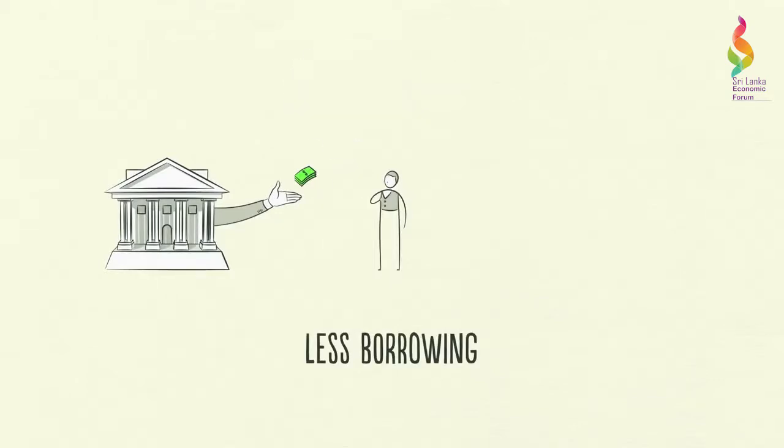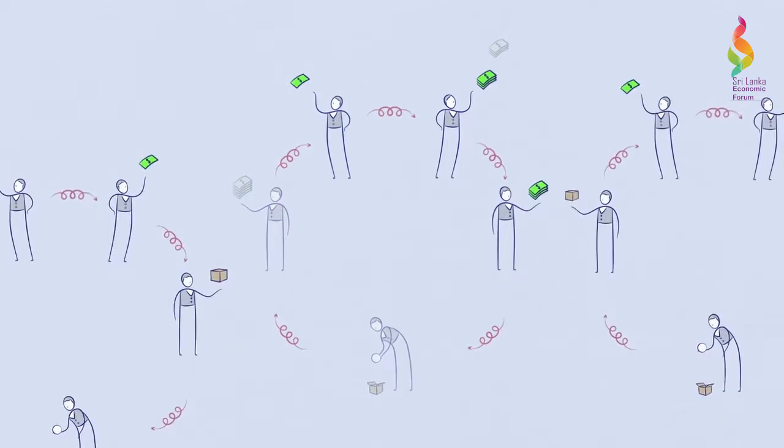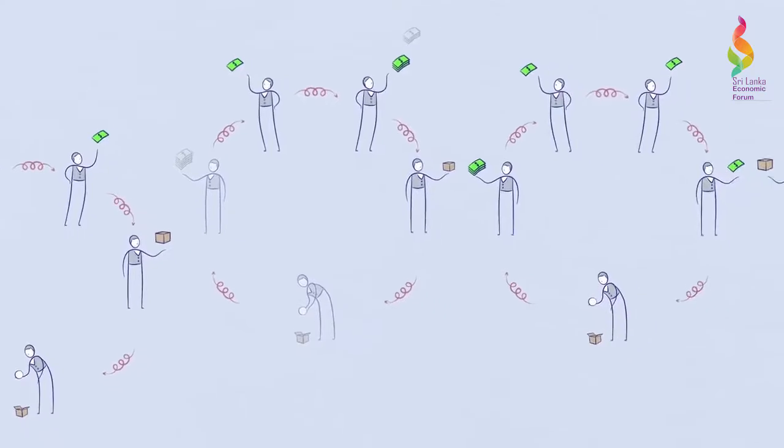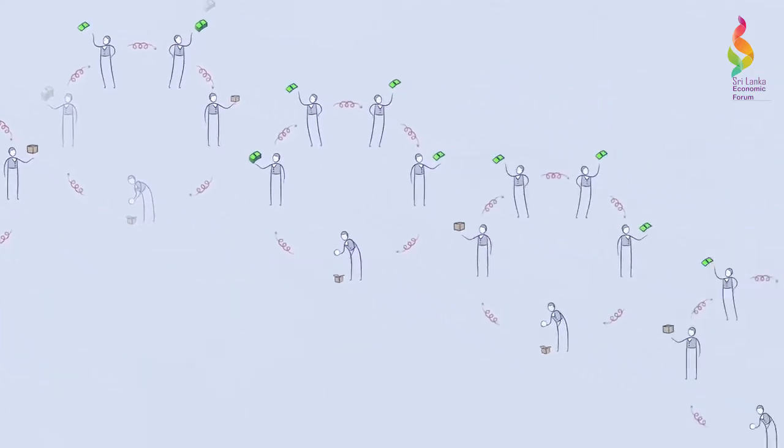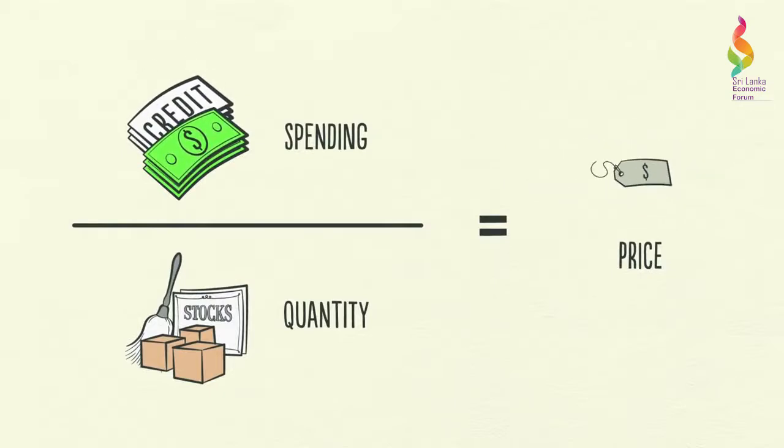Think about this as the monthly payments on your credit card going up. Because people borrow less and have higher debt repayments, they have less money left over to spend. So spending slows. And since one person's spending is another person's income, incomes drop, and so on and so forth. When people spend less, prices go down.